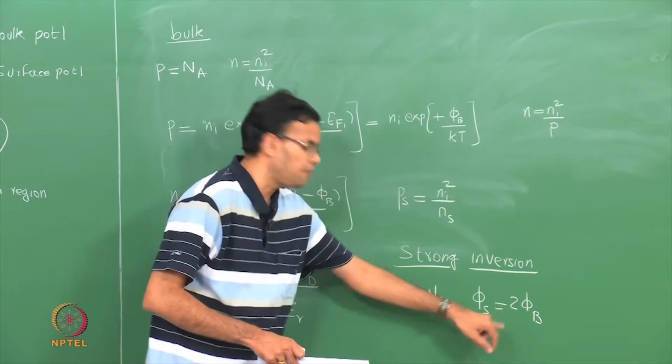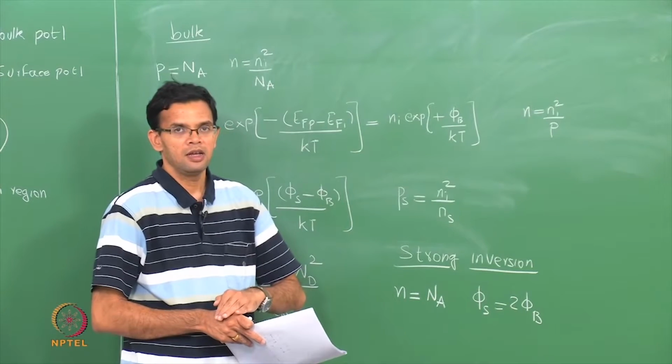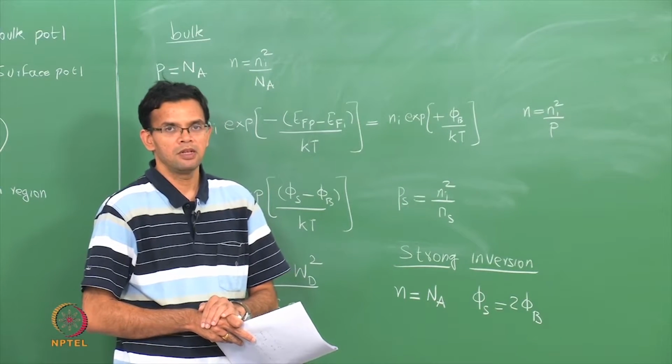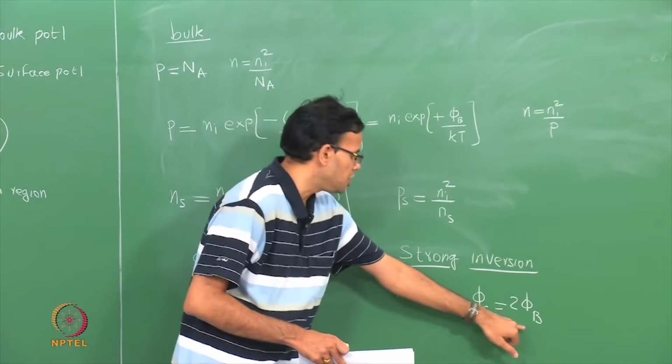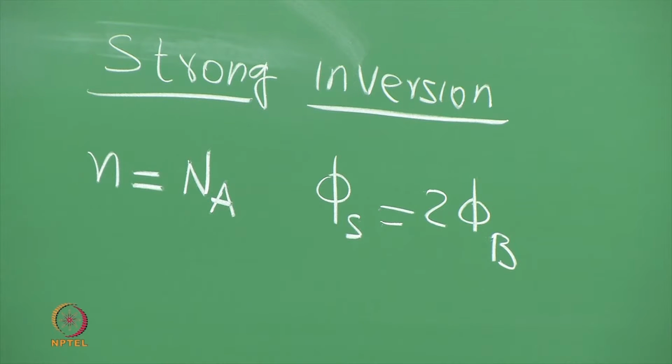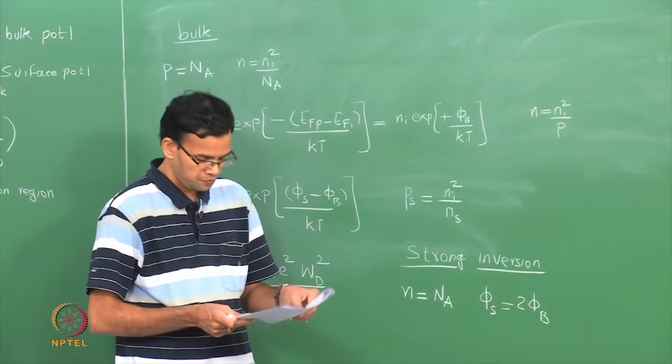So, it starts phi b below EFI, and when it becomes N type, it becomes phi b above EFI, so that the total potential is just 2 times phi b. This is a particular case of inversion and it is called strong inversion.